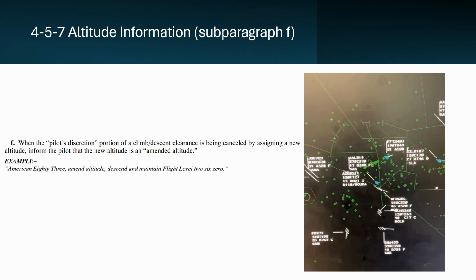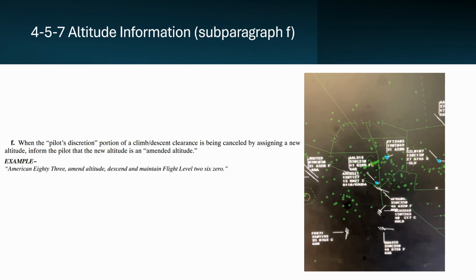So we have identified the conflict and we would like to use altitude. How can we resolve it? Well, you can find your way to chapter 4, section 5, paragraph 7 in further detail, subparagraph F, because this section is very large. It's an umbrella section with plenty of phraseology examples to cover almost every conceivable situation, and it allows for very creative ways to control aircraft vertically.